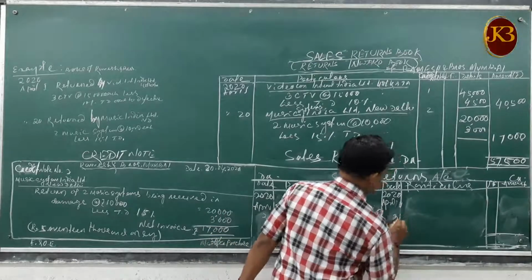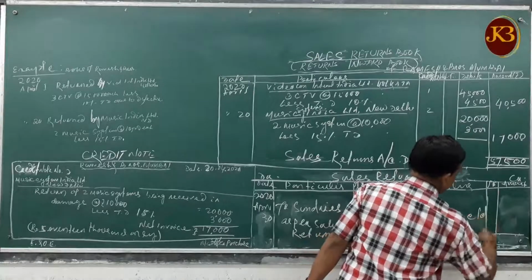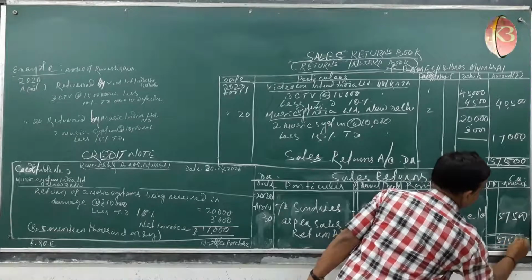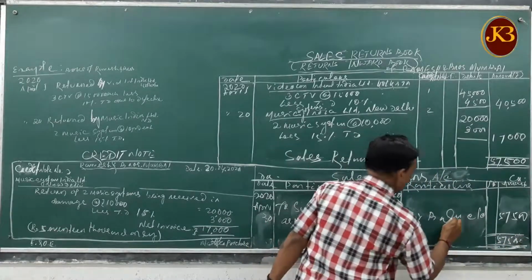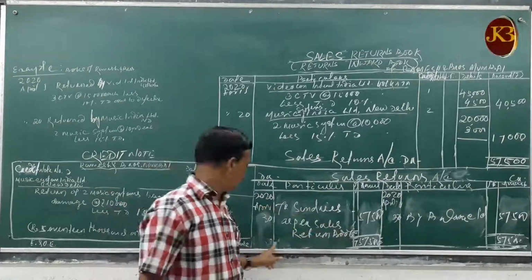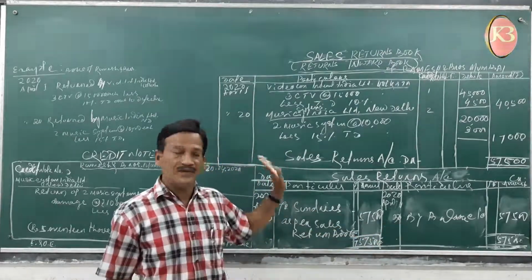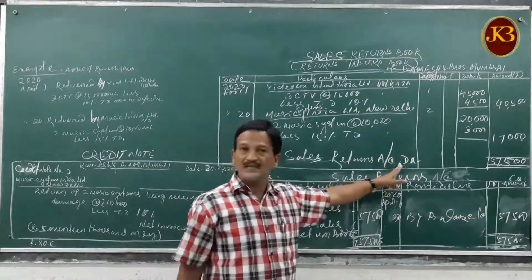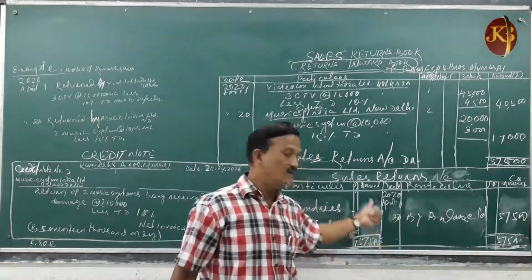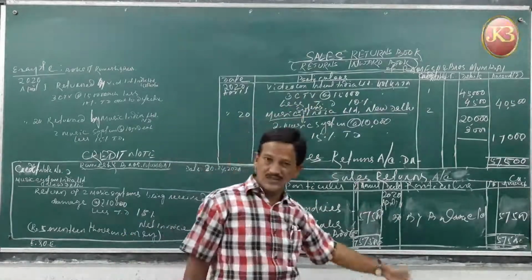April 30, by balance carried down, 57,500. This is how it is to be posted, and on May 1st, to balance brought down, 57,500. So the sales return account is debited here. On the debit side you will write to sundries as per the return inward book or sales return book. So this is the ledger posting.